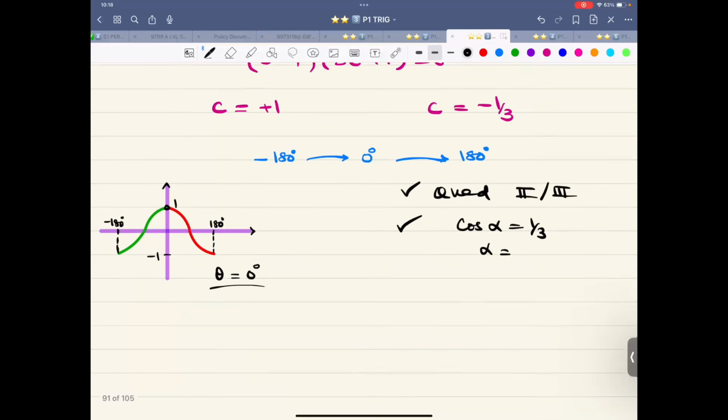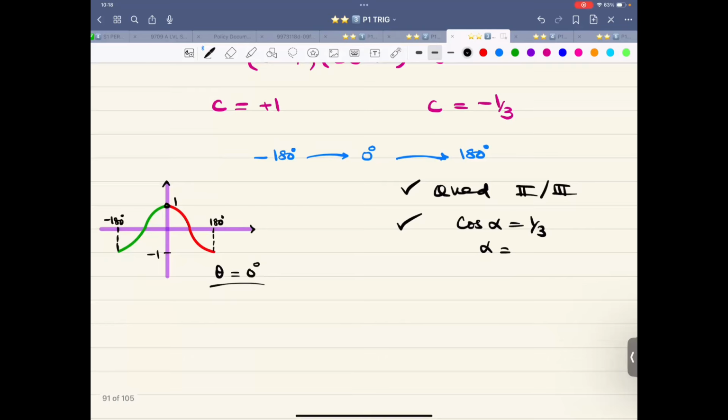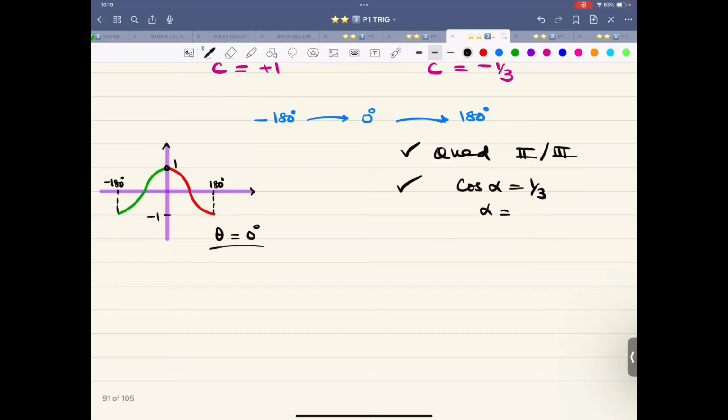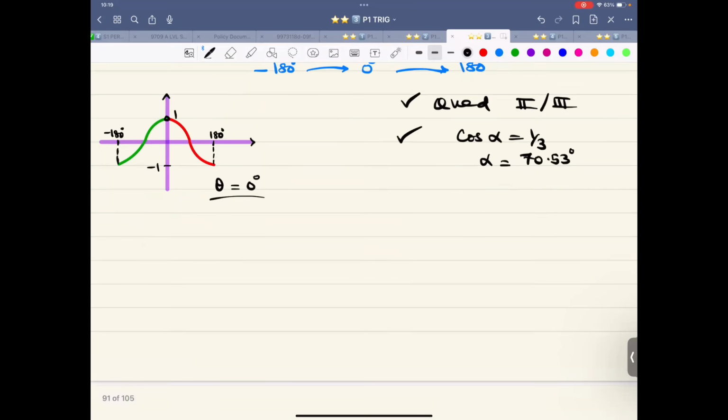I'm not interested in radians, my bad. So shift cos inverse 1 divided by 3, bracket closed. This is 70.53 degrees.